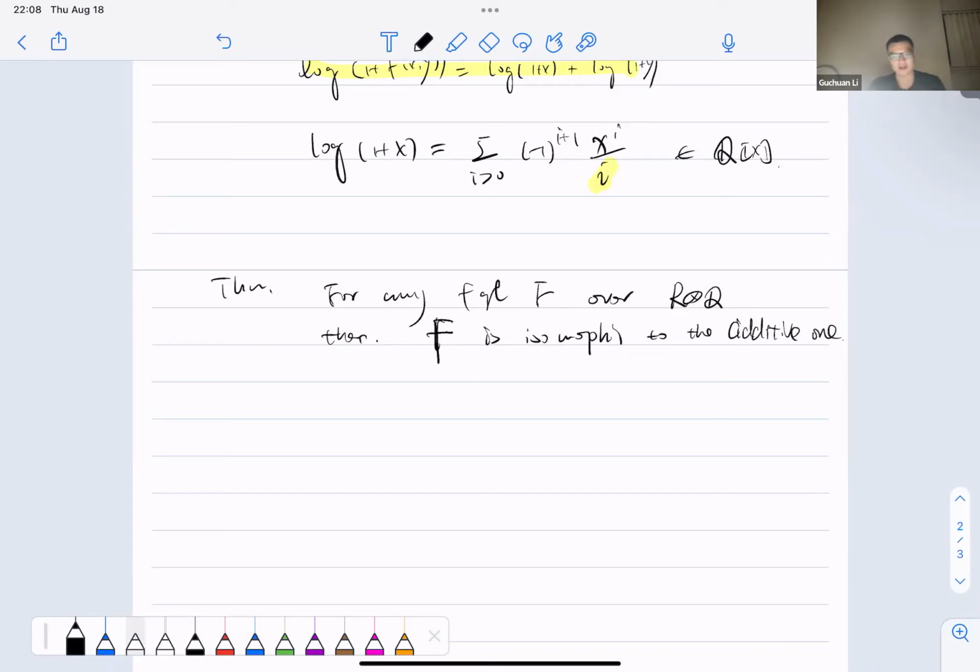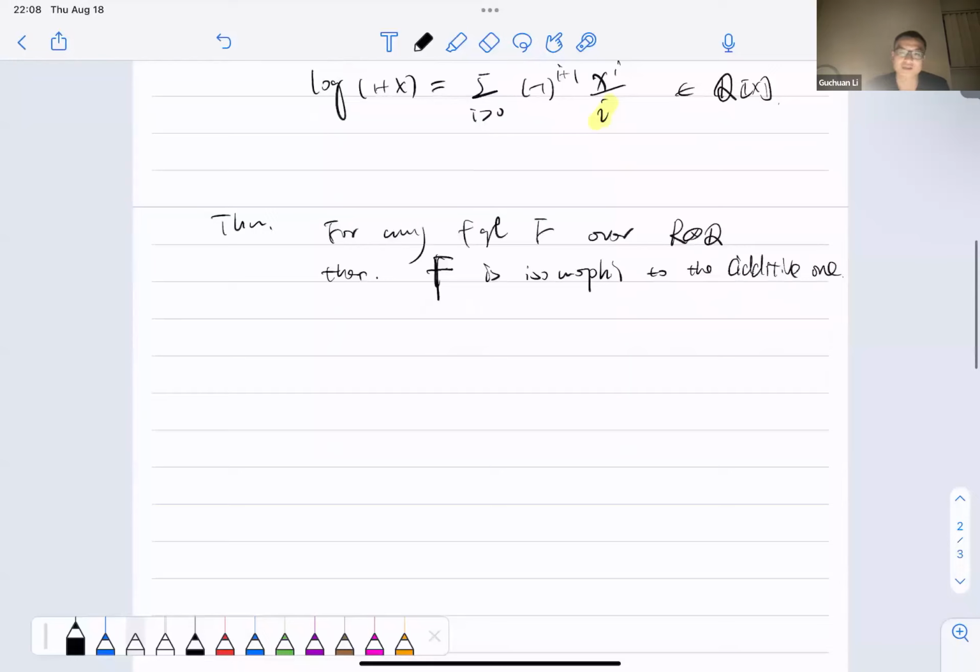And moreover, we know the isomorphism; we invent a name for it, the logarithm. The logarithm formula is given by the following.